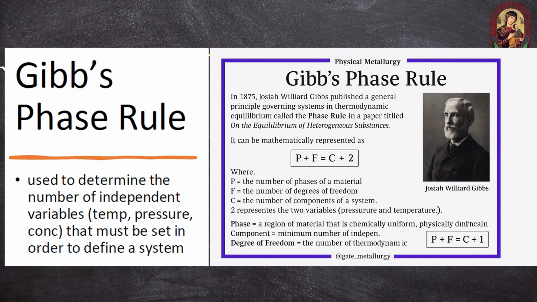Mathematically, it's expressed as P plus F equals C plus 2. Here, P is the number of phases present, C is the number of components in the system, and F is the degrees of freedom, or simply the number of independent conditions we can adjust. So for example, in a simple water system, we have 3 phases: solid, liquid, and vapor.